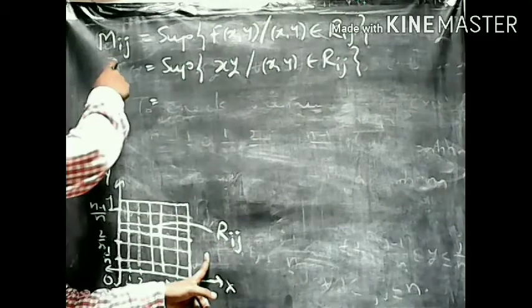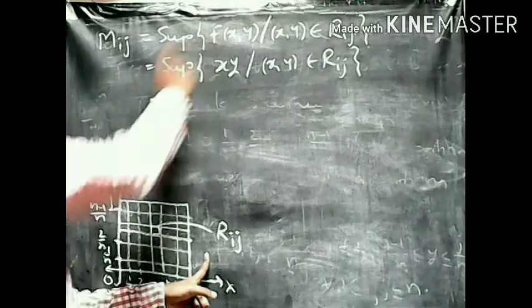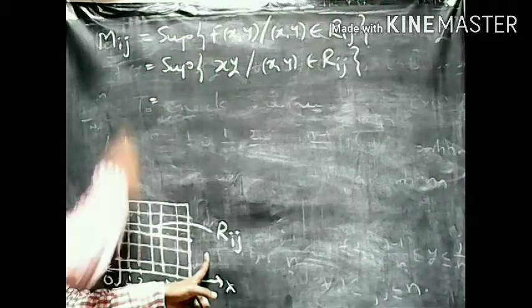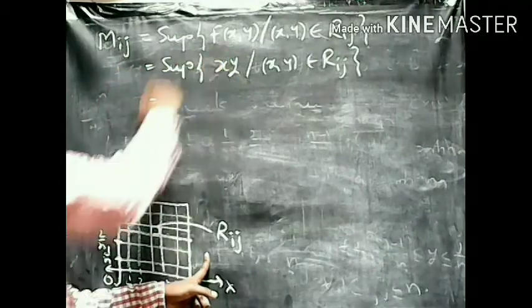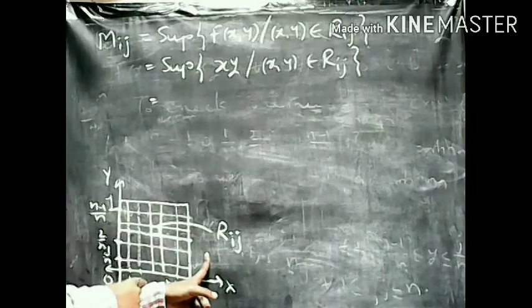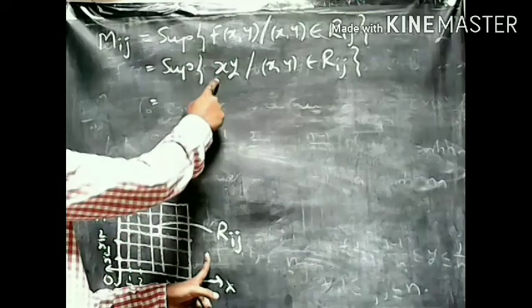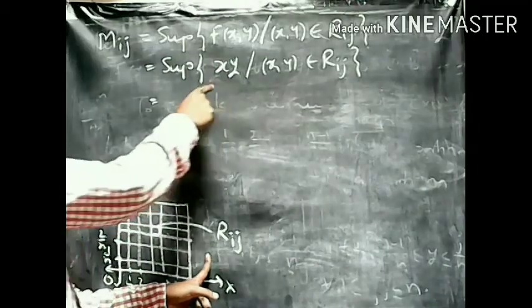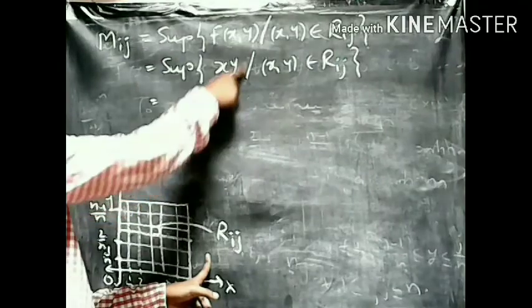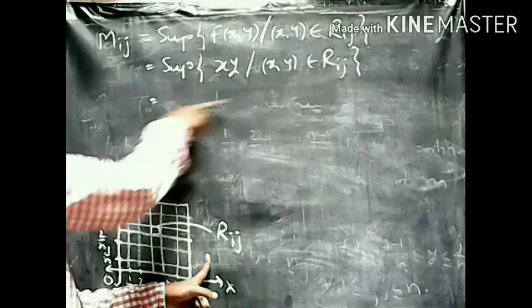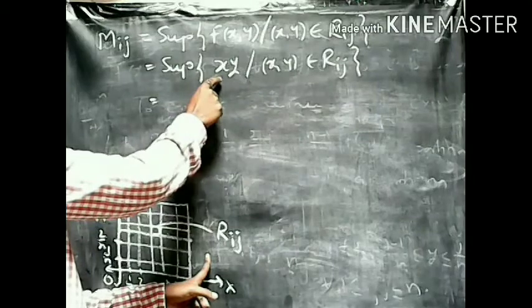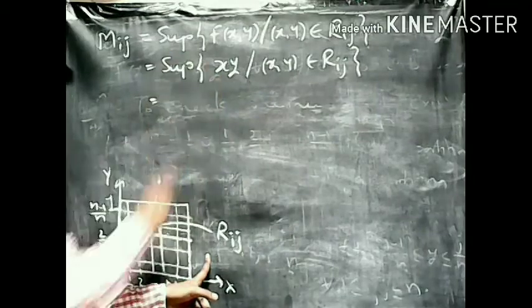So Mij is the supremum of the function f over this Rij, that is, the supremum of the product x·y over Rij. We can observe it's a monomial x into y, so obviously the product increases as x increases, and the product also increases as y increases.